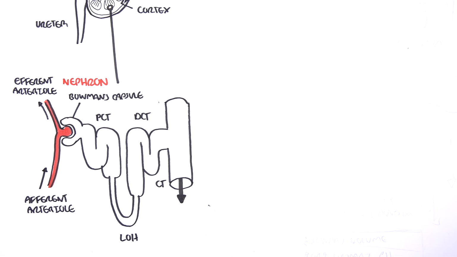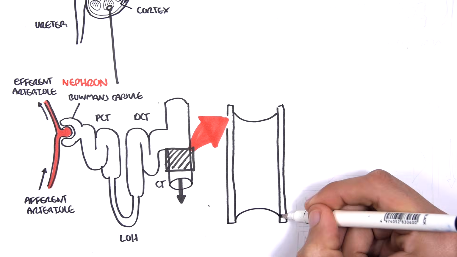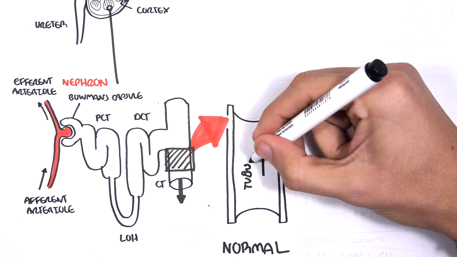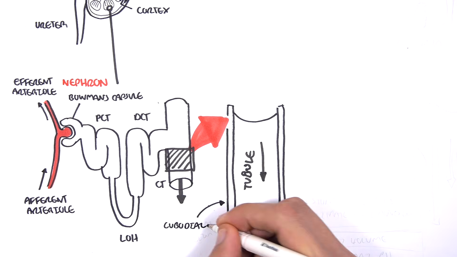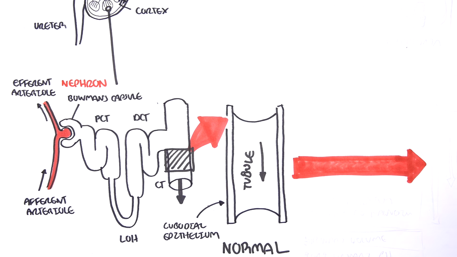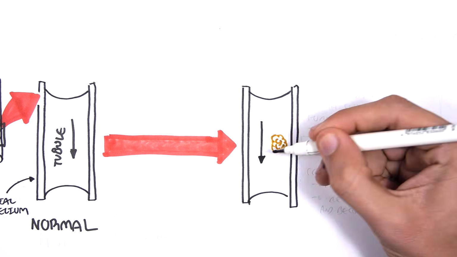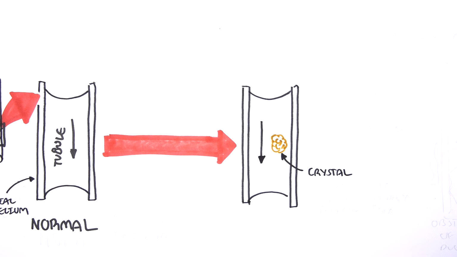Looking more closely at the tubule, the cells that line the nephron tubules are predominantly cuboidal epithelial cells. Within the tubule of the nephrons, crystal-like structures can form. The crystal-like structures are essentially precipitants of some electrolytes that have accumulated there.